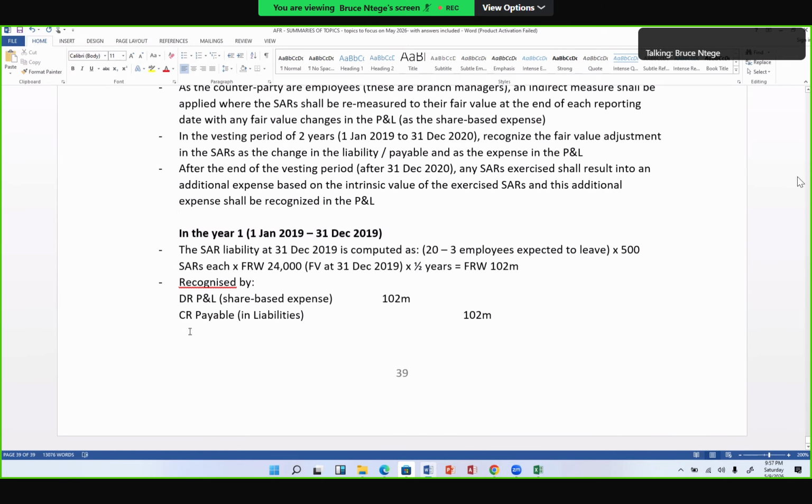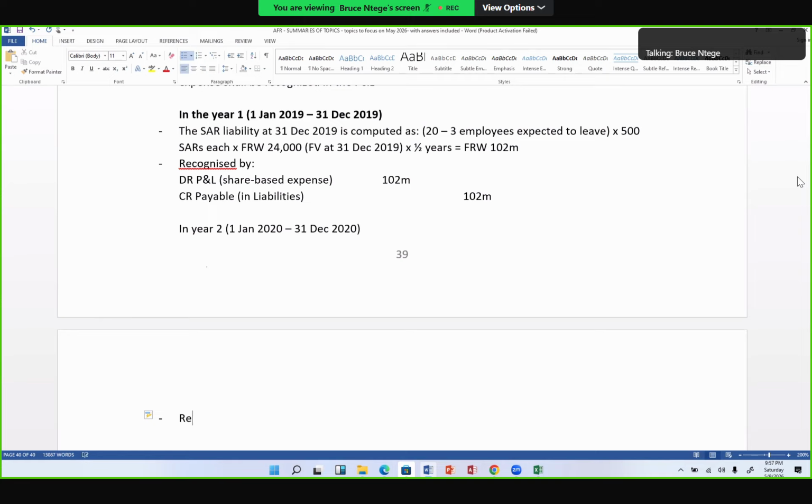So I'll have to measure the share appreciation rights liability at the end, which will be 31st December 2020.